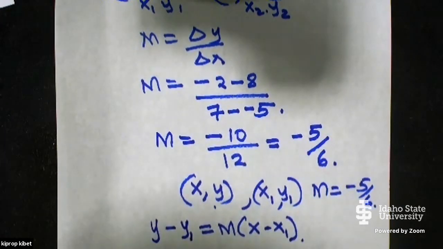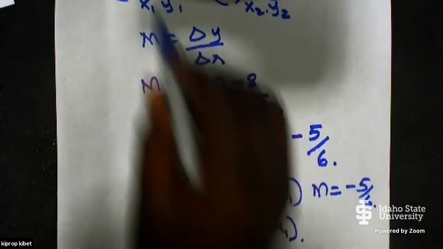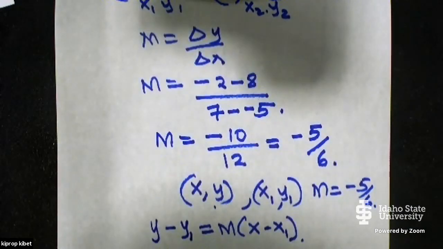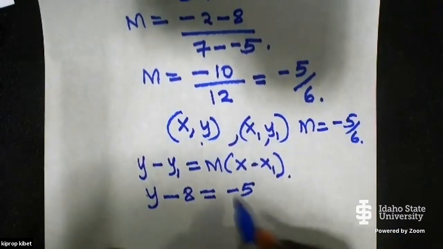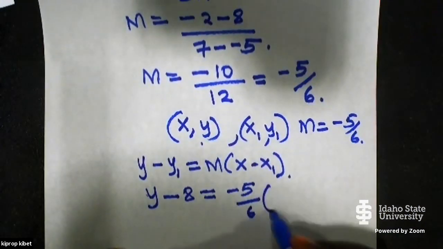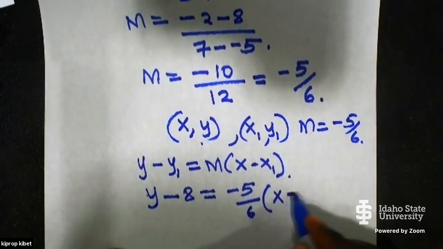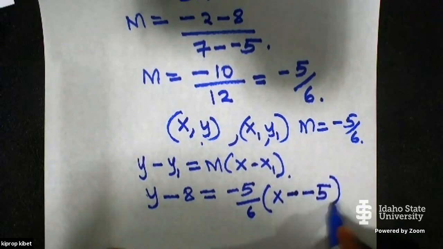So y minus 8 equals minus 5 over 6 times x minus minus 5.